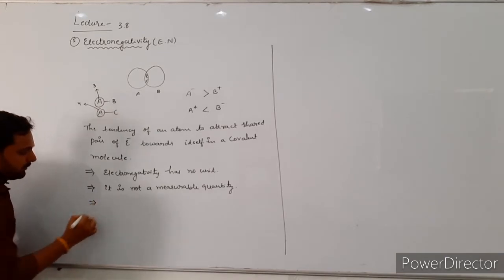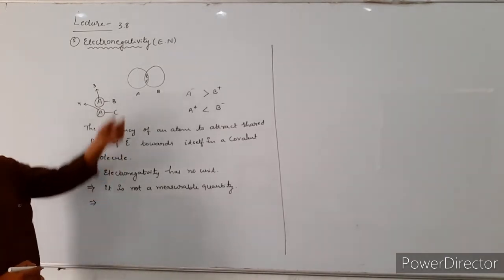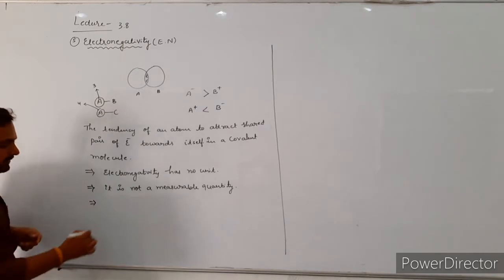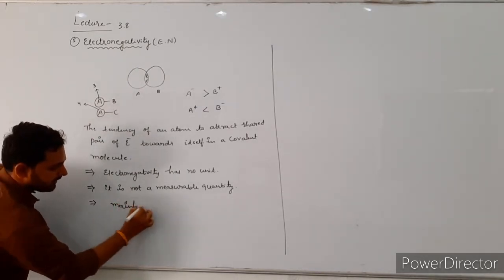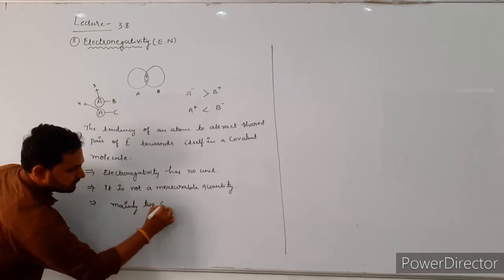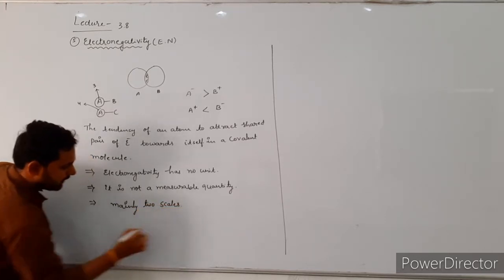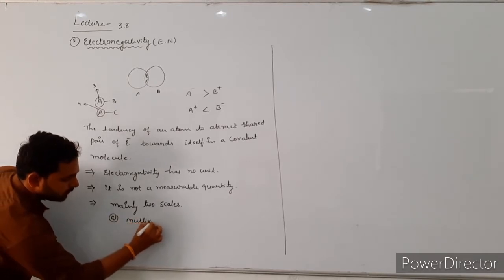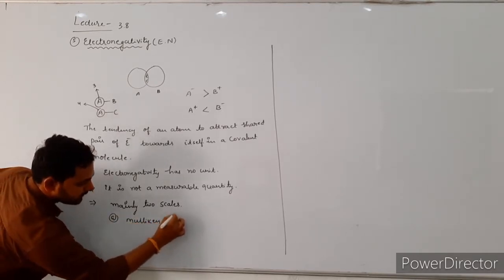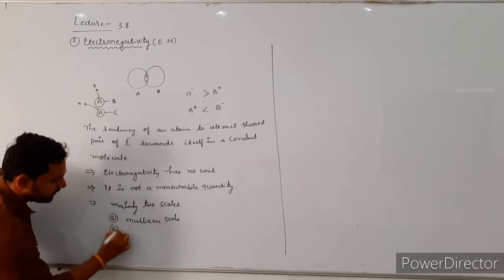And mainly there are two scales to measure electronegativity. One is the Mulliken scale. The second one is the Pauling scale.